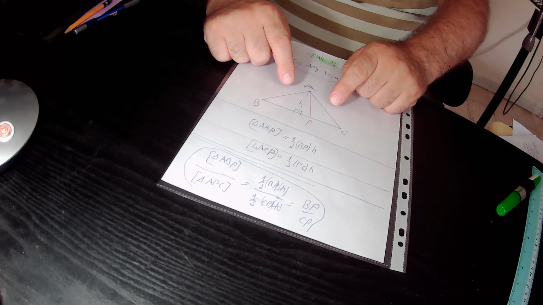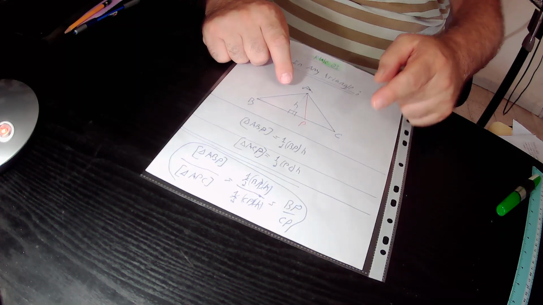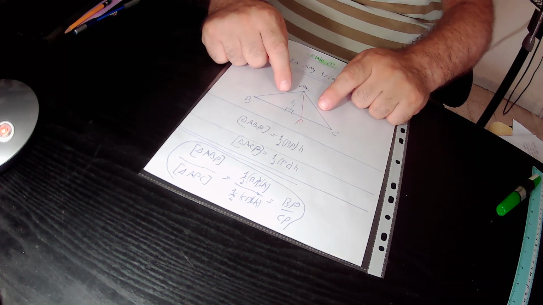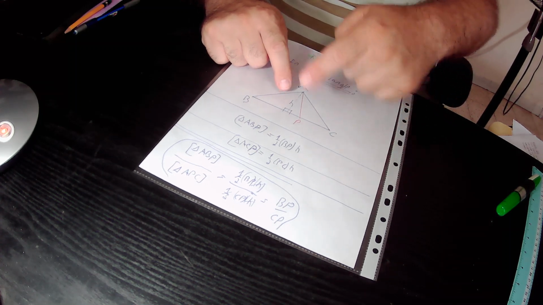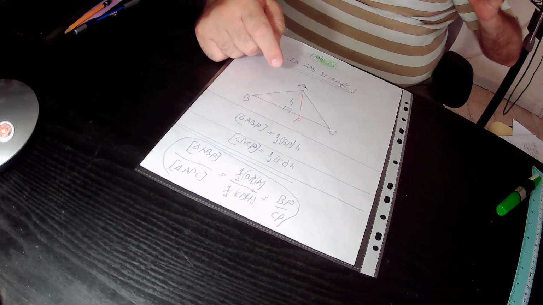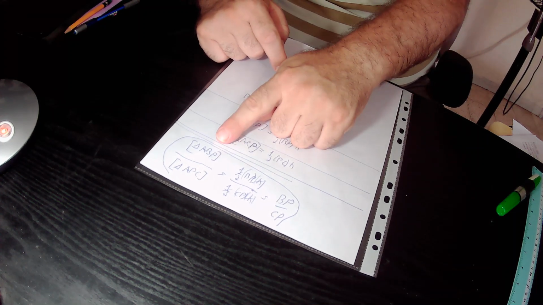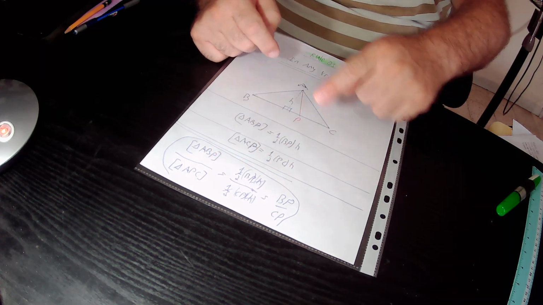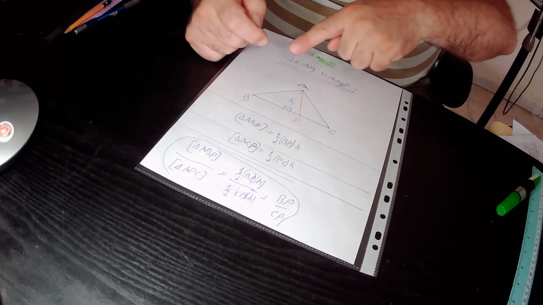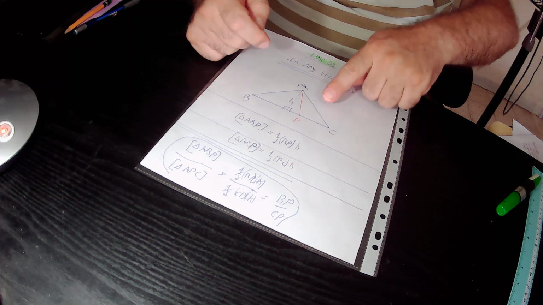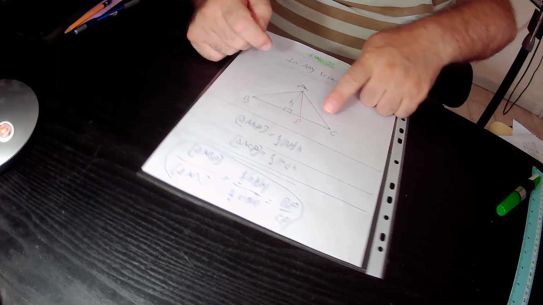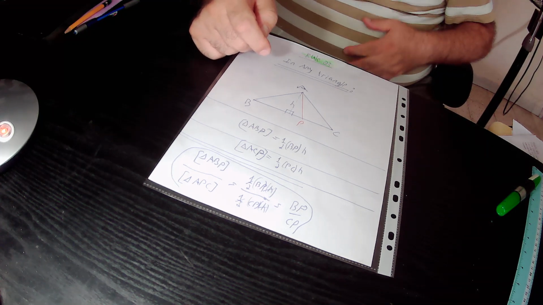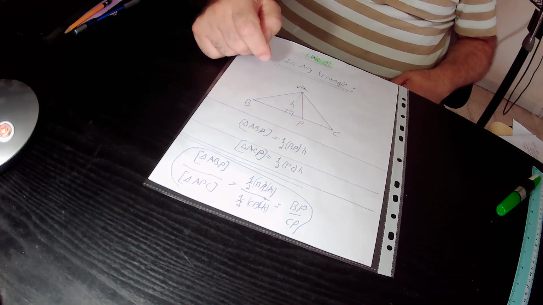The ratio between the areas of the smaller triangles is equal to the ratio between their bases. That is to say, the area of triangle ABP over the area of triangle APC equals the base of triangle ABP, that is BP, over the base of triangle APC, that is CP. So we can actually implement Rule 23 in our drawing.